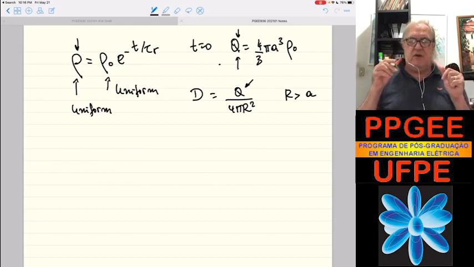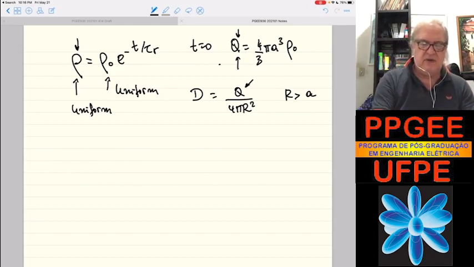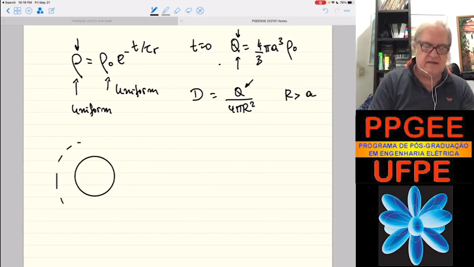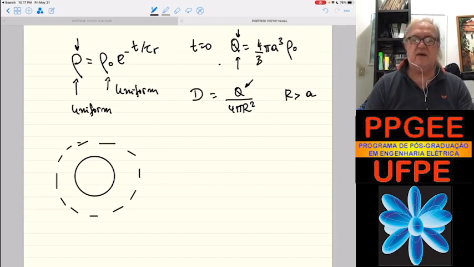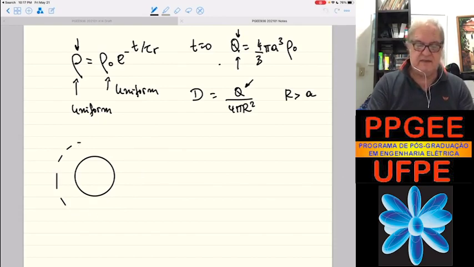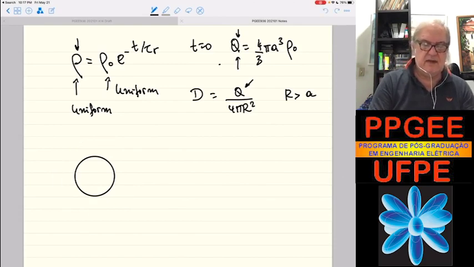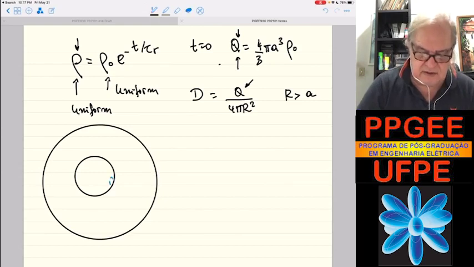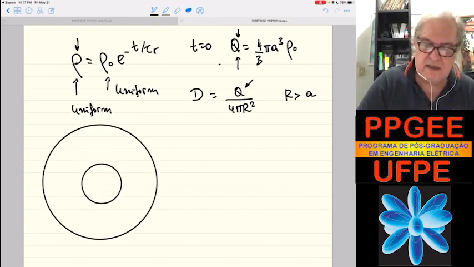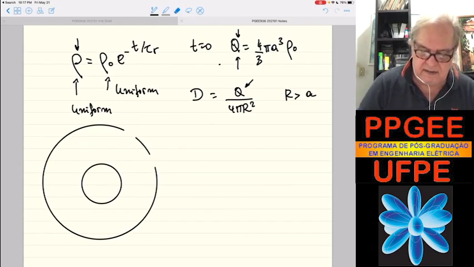By Gauss's law, you have your conductor, then you have a Gaussian surface, a spherical surface. Let me improve that a little bit. I'm going to make those concentric, something like that.